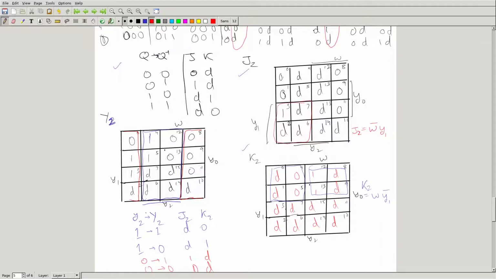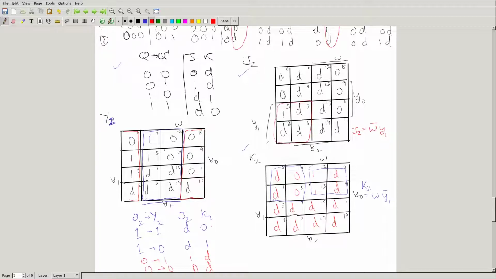So when we are in the Y2 equal to 1 half of the K-map, we don't care about J2 at all in this entire half. So to design the J2 part, we can only focus on this red half of the K-map, and the same is true for designing K2.